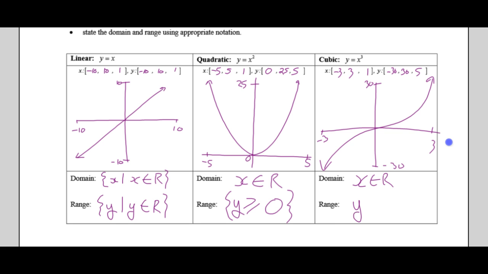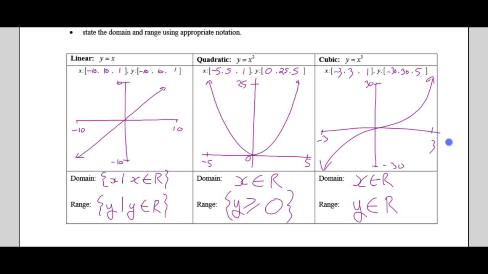What about the y values? Start down there and go up there. Forever in both directions. So what's y? Real numbers, right? Any real number. Now, you know, the degree 1, exponent of 1, and the degree 3 have the same domain and range.